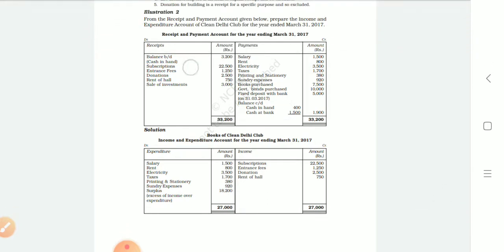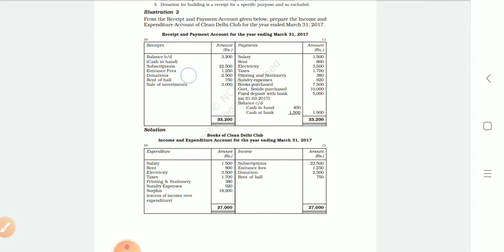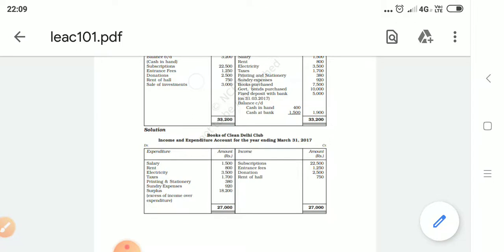Now subscription, yes, it is a revenue receipt, so it will appear here in the income. Entrance fee, yes, it is revenue in nature, it will appear here. Whereas life membership fee, if you have life membership fee, it will appear in balance sheet. It will be added in the liability side with the capital fund.